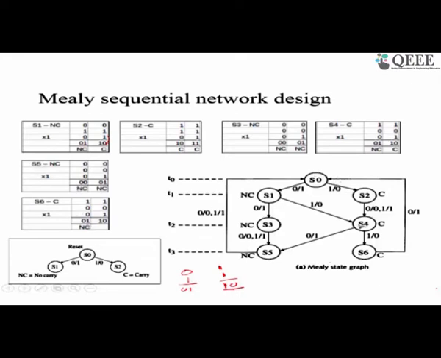Similarly in S6 we see that, okay, these are two things. There is a carry, no bit needs to be added, and the input can be 0 or 1. Accordingly we have 0 1 or 1 0. 0 1 means no carry. So what we do, on getting a 0 we output a 1 and go to a no carry, which should be a reset state also. So from S6 we go to S0 like this one.